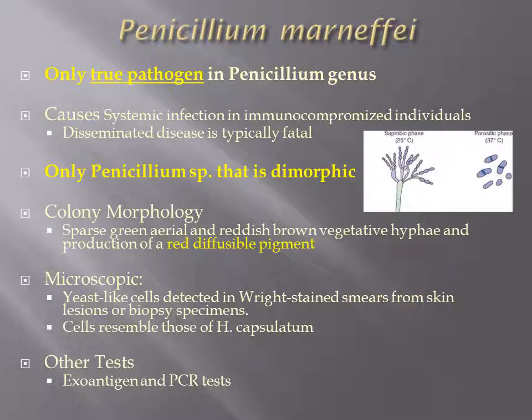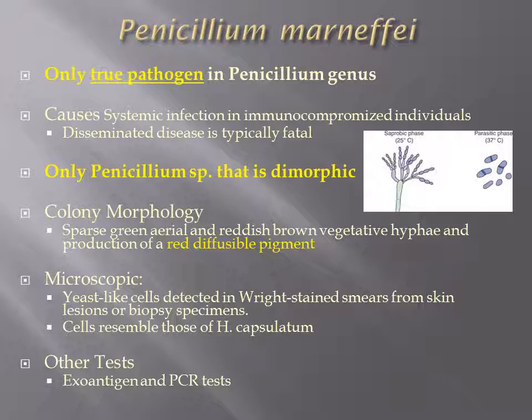And our last organism today is Penicillium marneffii. This is considered the only species of penicillium that is a true pathogen. By true pathogen, we mean that it will make healthy people sick. It does not depend on an immunocompromised situation in order to establish infection.